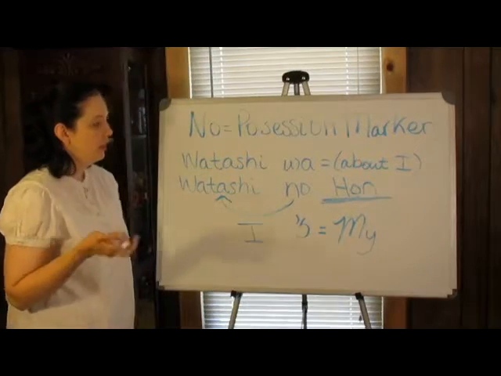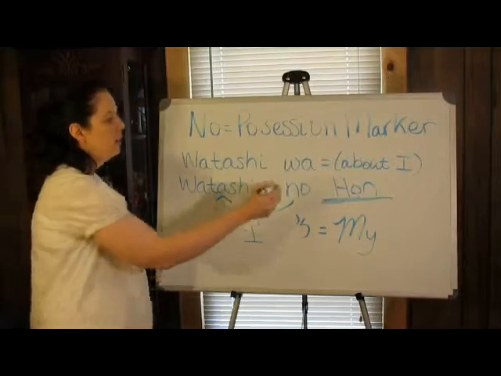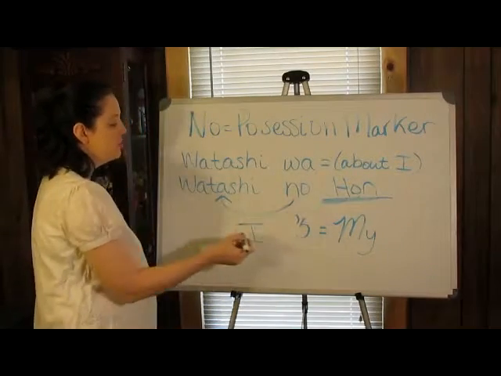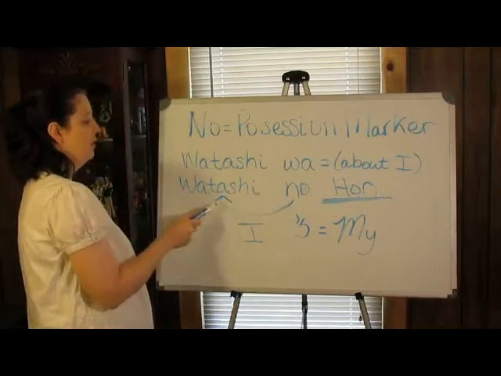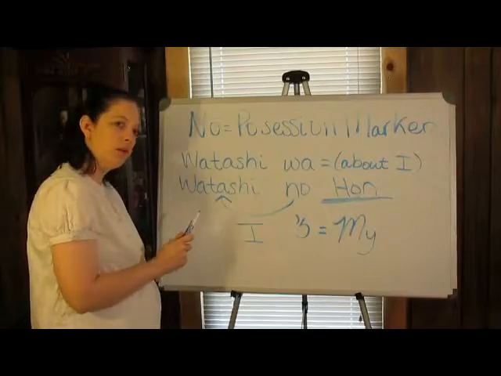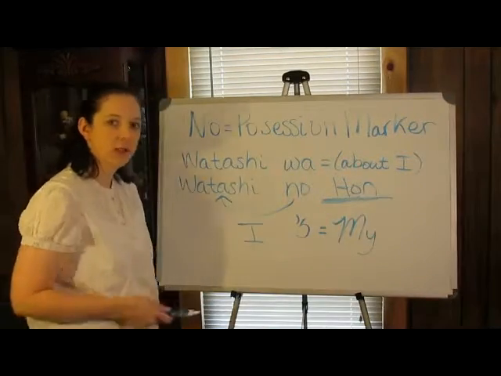So, this is the difference between no and wa. Wa marks the topic. No shows the possession of something. The word before it will be who it belongs to, and the word after it will be what it is that belongs to them.